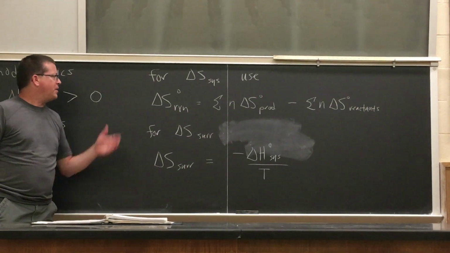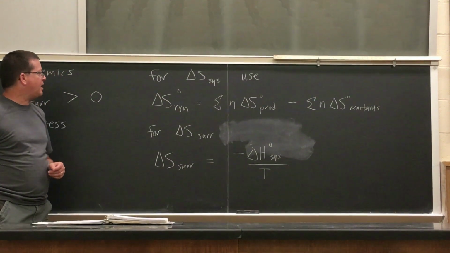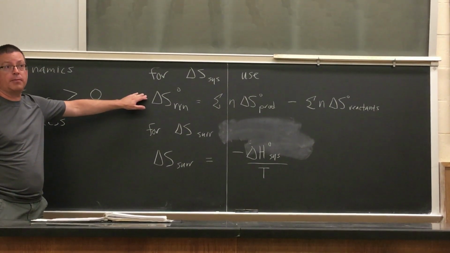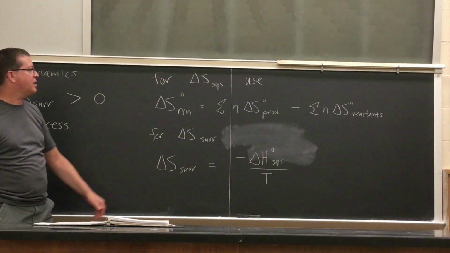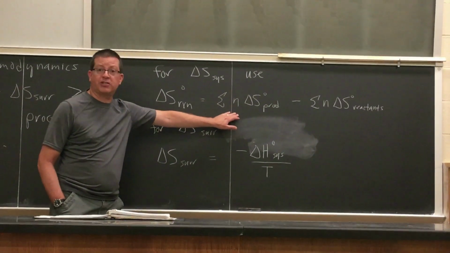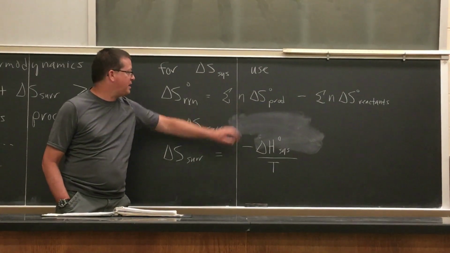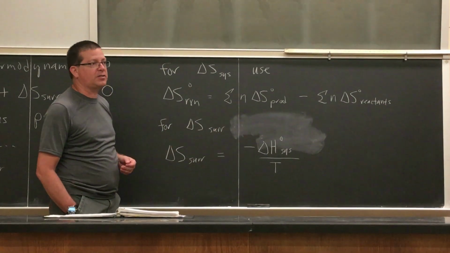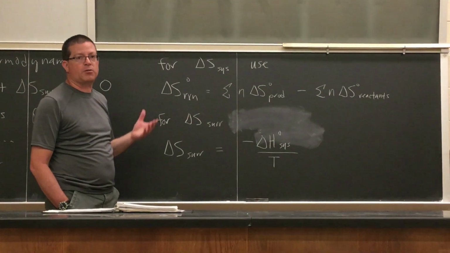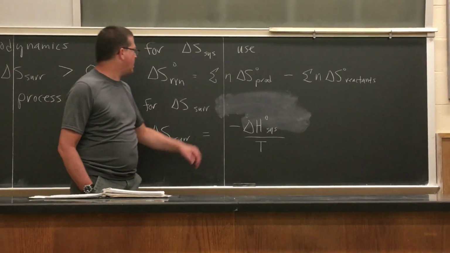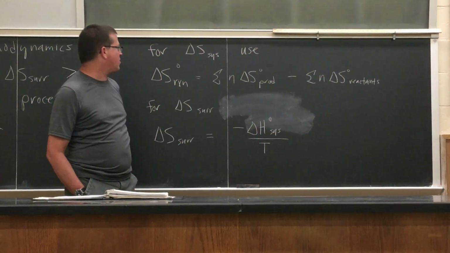Because the delta S for a particular reaction is a state function and therefore pathway independent, we can use this good old equation here, just like we did in the case of enthalpy. If we have a series of standard state entropies for products and reactants that we can look up in tables, we can calculate a delta S standard state of reaction.